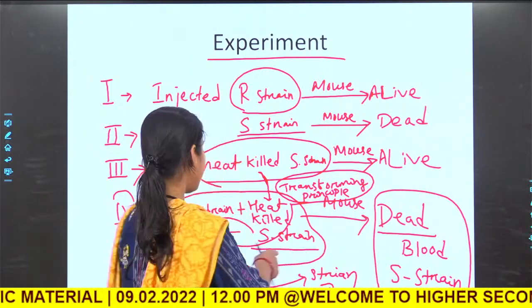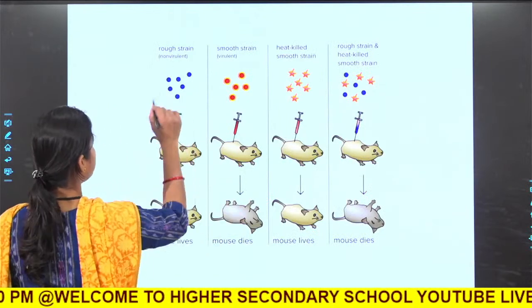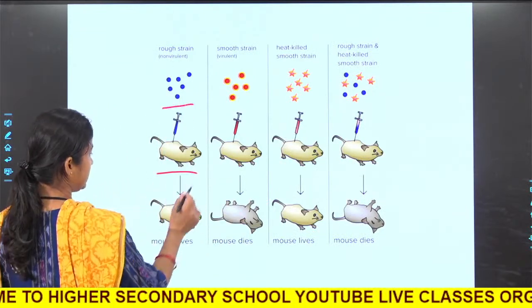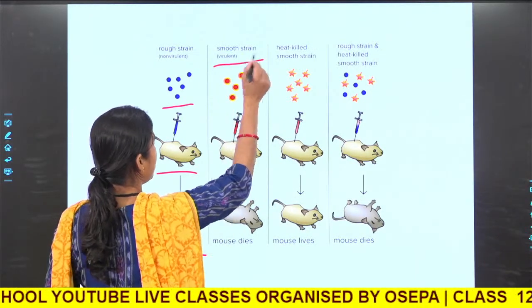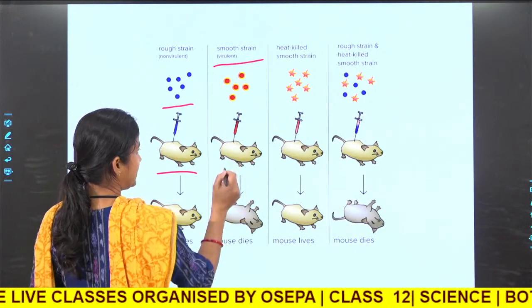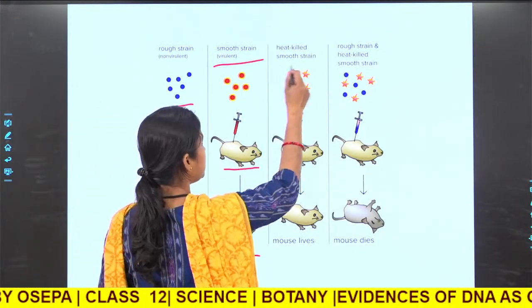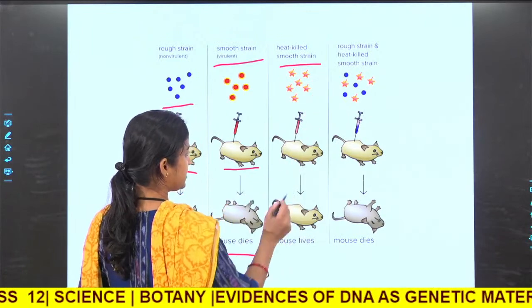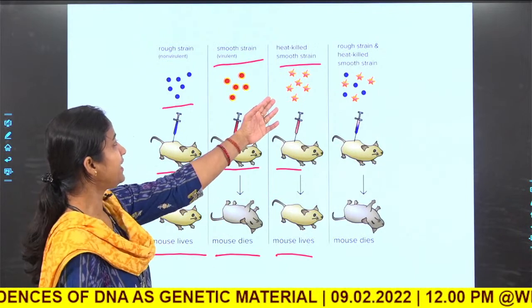Okay, so let us have a look at the diagrammatic presentation. When the rough strain, non-virulent, is injected, the mouse lives. When the S strain is injected, the mouse dies. When the heat-killed smooth strain is injected, the mouse lives, because it is heat-killed.